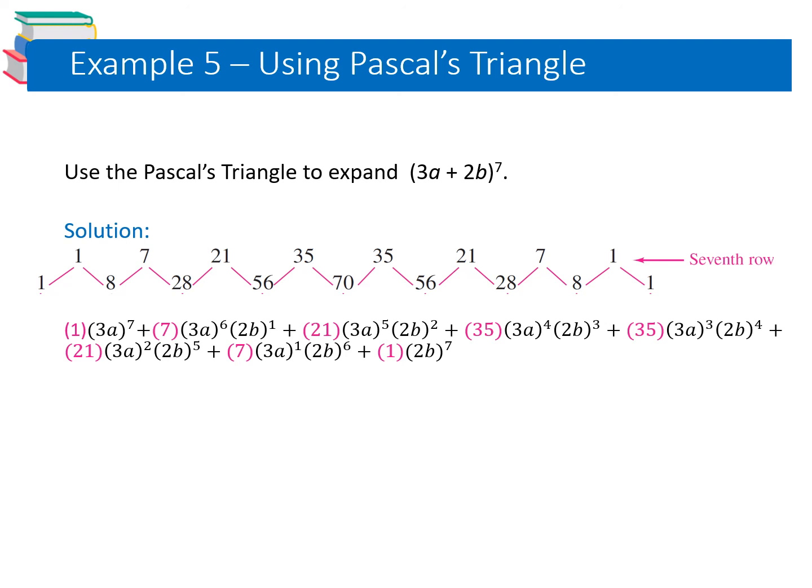So, first term, 3a raised to 7. Tapos, 2b raised to 0 yun, di ba? So, hindi ko na sinulat. Times 1. This one here is this one. Okay? Plus 7. Ito yun.